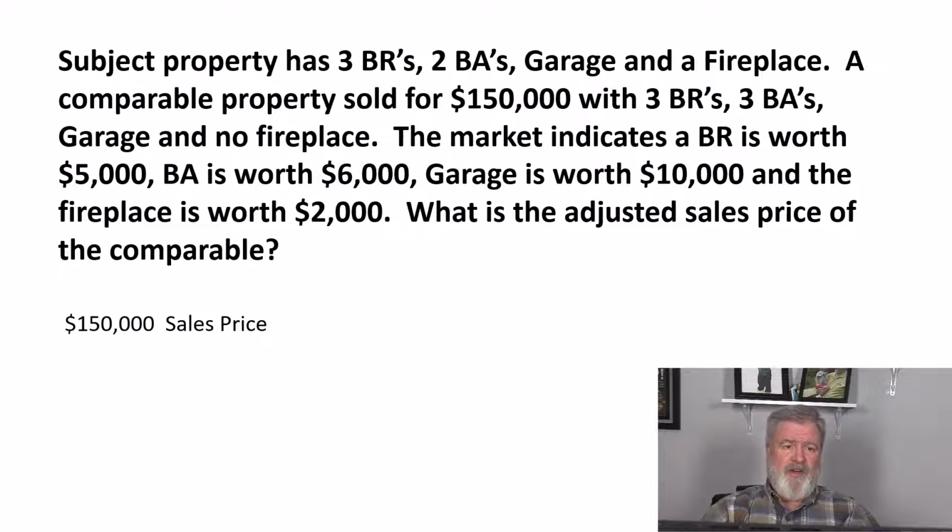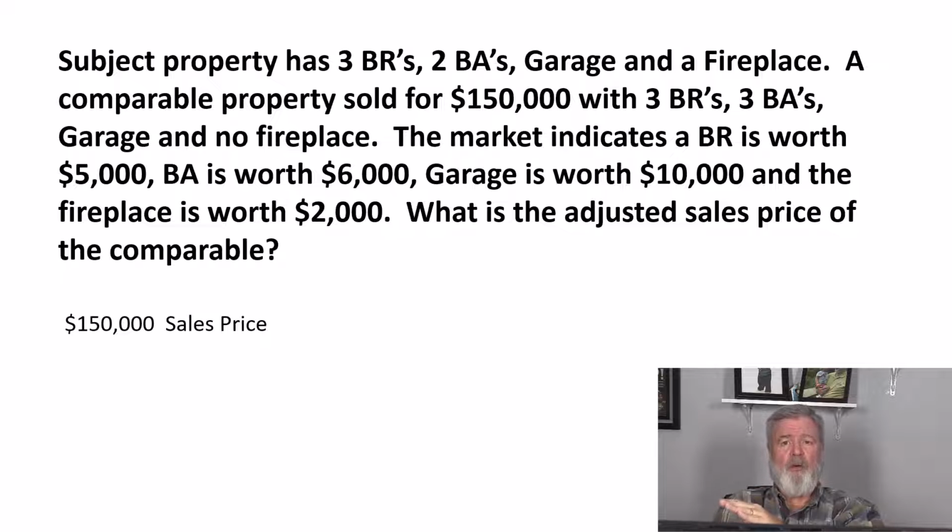The value of a bathroom in the question is $6,000. So we're either going to have to add or subtract $6,000 from that comparable's sales price, which again was $150,000. So which one do I do? Do I add it or do I subtract it? And here's the rule of thumb if you need something to write down to remember.